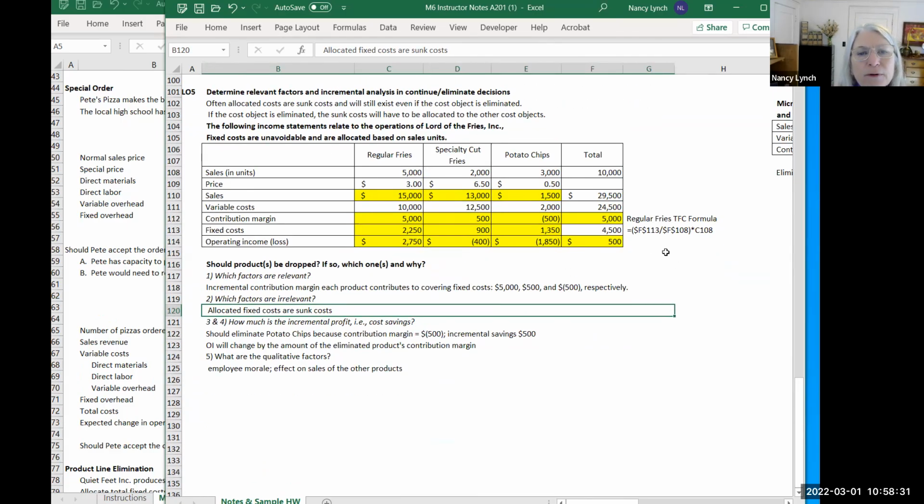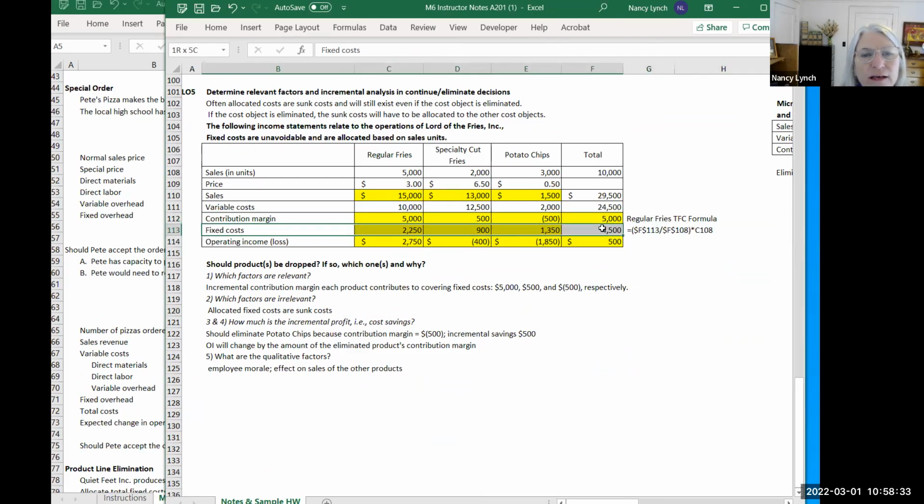Two things to keep in mind is the fixed costs again. If you have avoidable fixed costs, then they're relevant. If the costs are not going to change as a result of, say, getting rid of a product line, for instance, we can see here that we have total fixed cost for the company of $4,500.